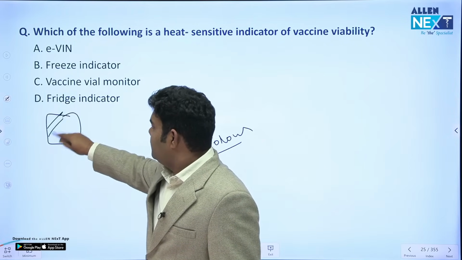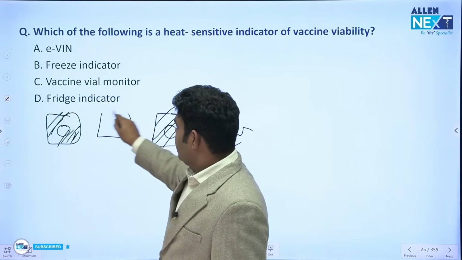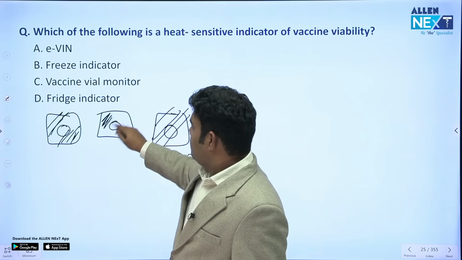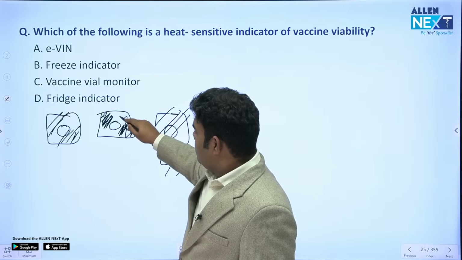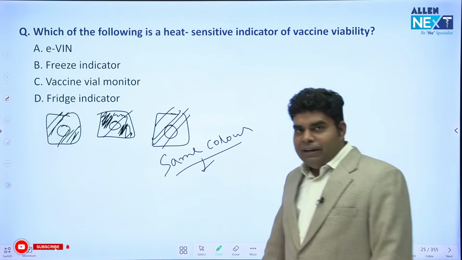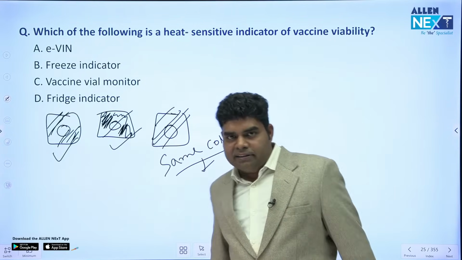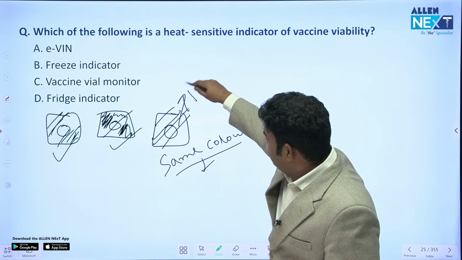Because one thing is, it can be light. Second thing is, it can be comparatively light. Third thing, same color. So same color, what do you do? We will use the first two which have a lighter circle, and we will reject the third one.